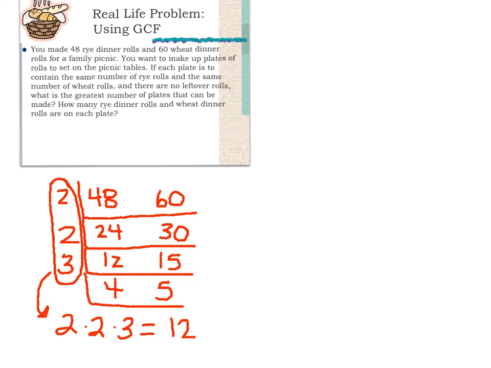So the greatest common factor is 12. Well, if that's the greatest common factor, that's the greatest number of plates I can make. Okay? I can create 12 total plates. That's how many plates I have.